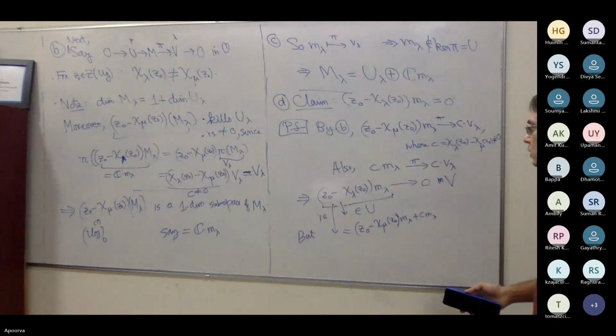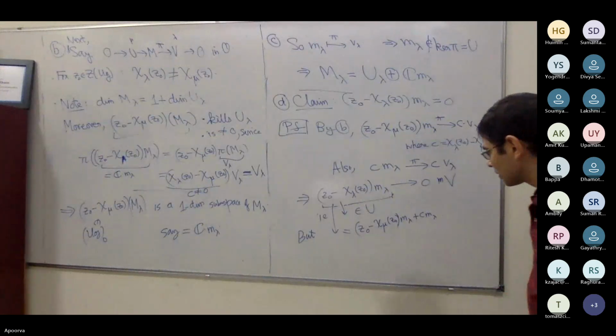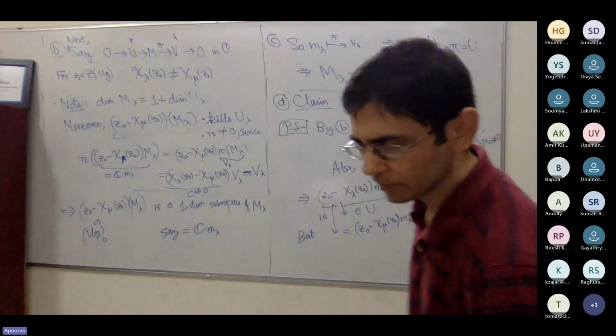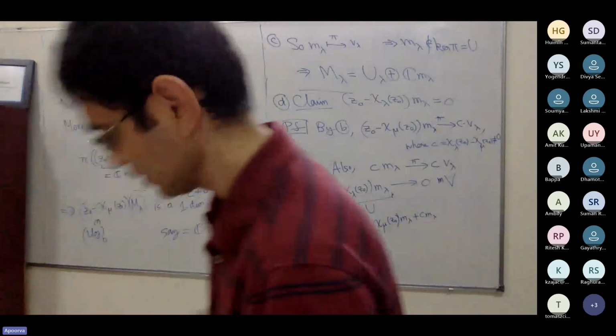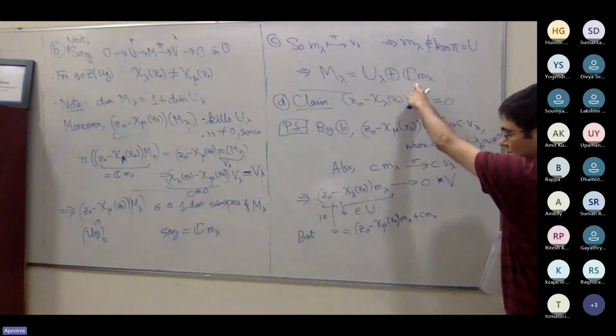Why not? We are saying it is going to be. We know Z naught acts on, I mean, M lambda is a complement anyway. M lambda is outside.